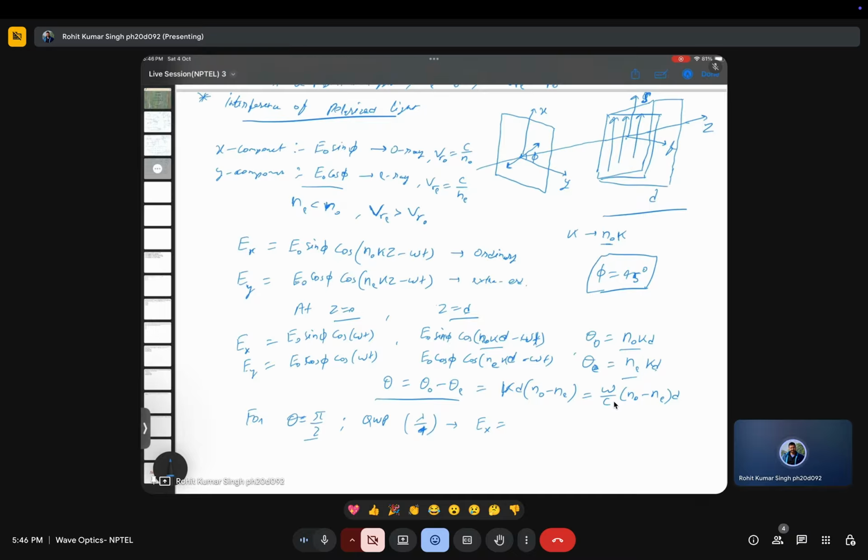So your Ex will be E naught by root 2 cos 45, which is 1 by root 2, sine omega t, and Ey will be E naught by root 2 cos omega t. So I shifted one of them by pi by 2, so that's why cos became sine here, okay.